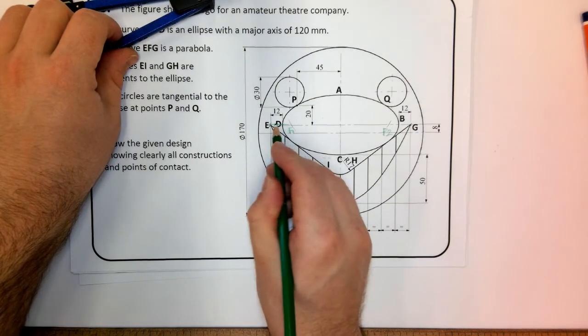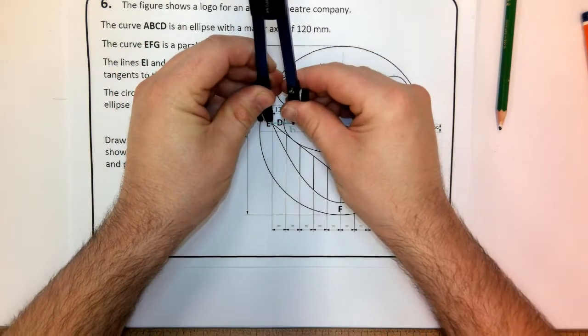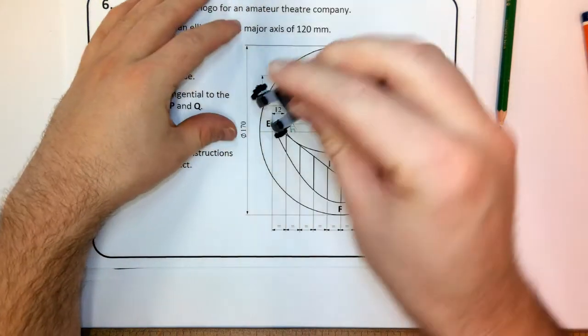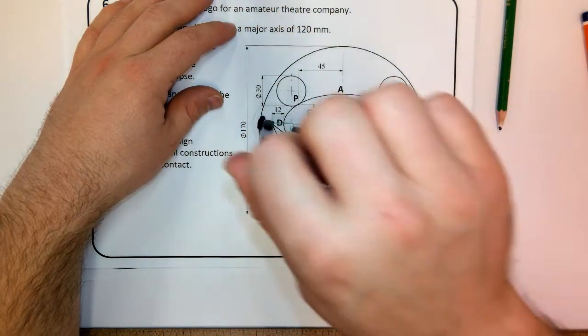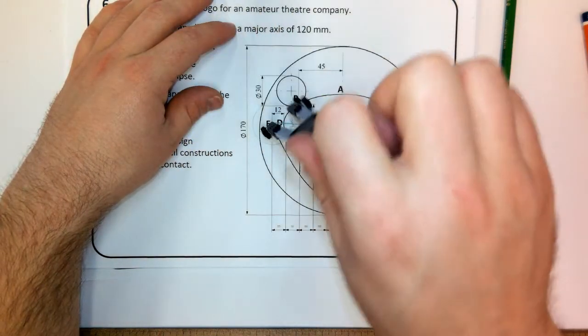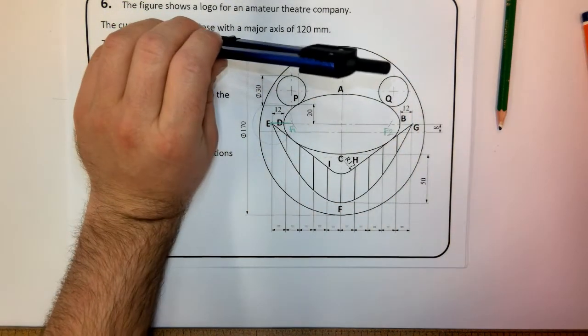I'm going to draw a circle with the radius E to F1, the centre at E. So I'm going to draw a circle there. E to F1. Now this is to find the tangent.